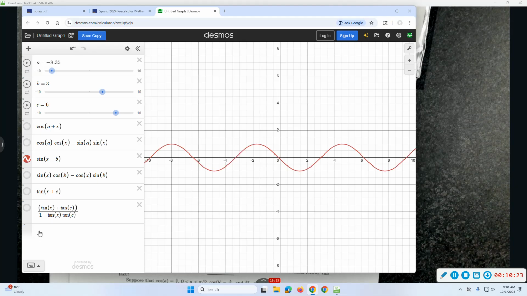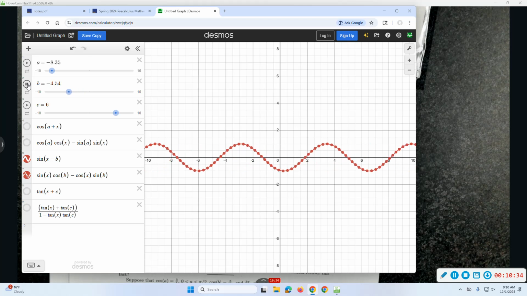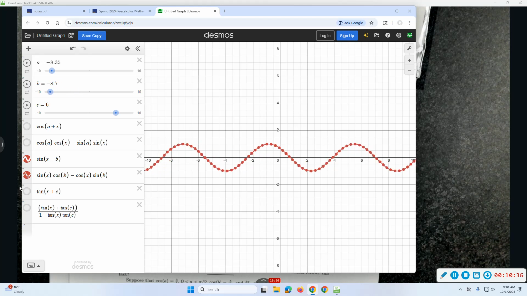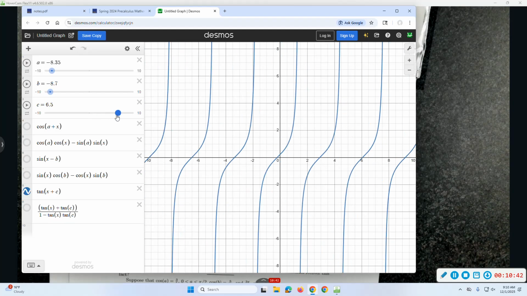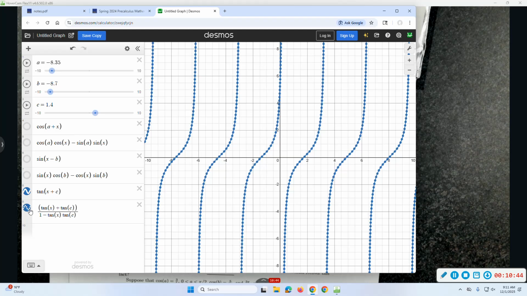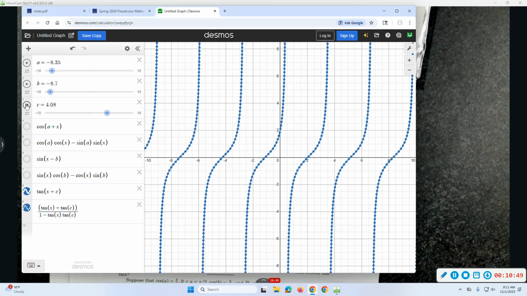Same thing with sine. Looks like the graph of sine, but shifted by however big this B is. There's the angle addition formula. Yeah, cool. And I won't write it down yet, but there's what happens when you shift tangent. Seem good? All right.